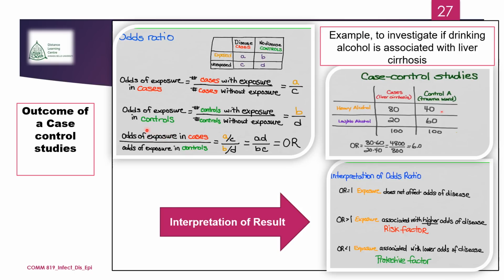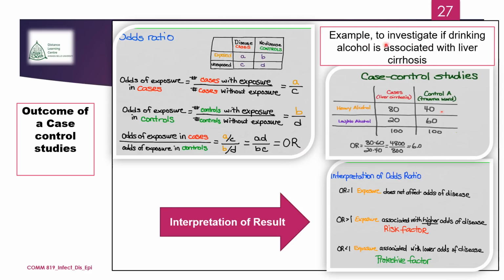The odds ratio is simply the odds of exposure in cases divided by the odds of exposure in control. This gives you A over C, all divided by B over D. If you cross multiply, you go back to AD over CB, which is our odds ratio.